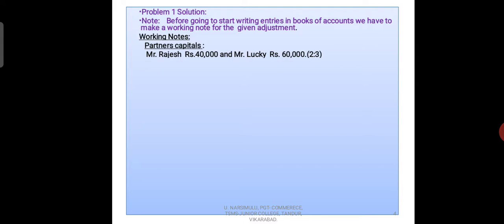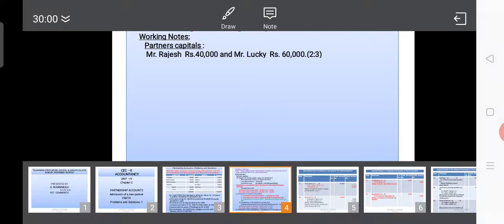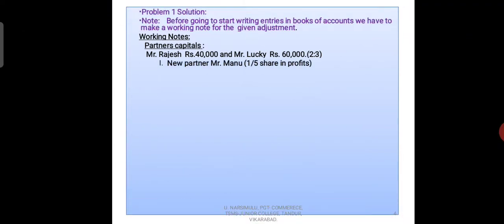Who are the existing partners in this problem? Rajesh and Lucky. Rajesh 40,000, Lucky 60,000, their capitals, as given in their balance sheet. And next, who is the new partner who enters into the business? Mr.